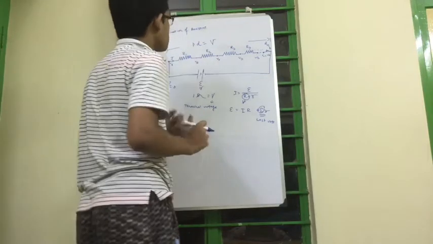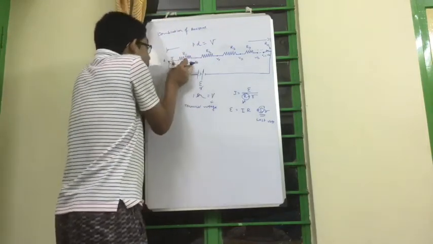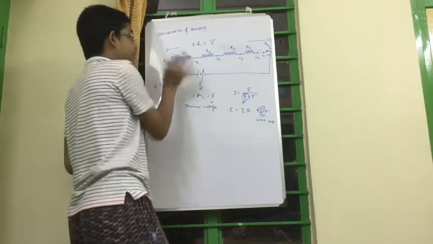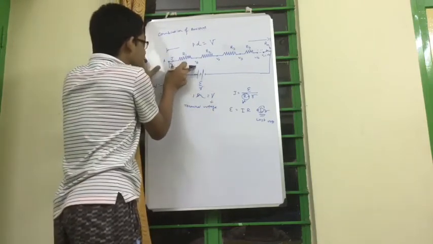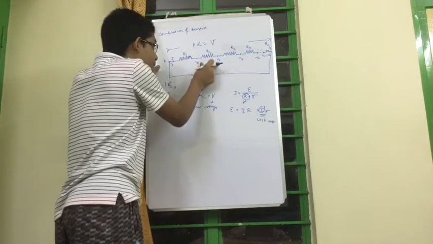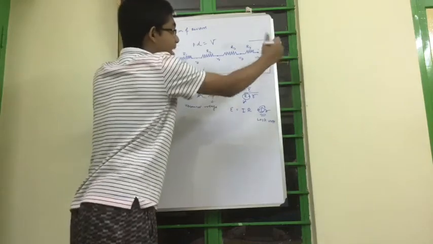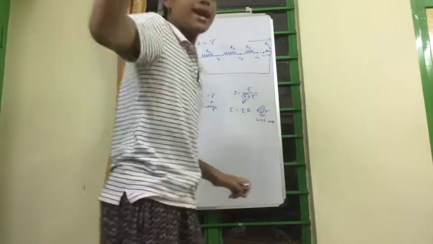The same current I flows through all these resistors, but the potential difference across each resistor is different. Here the potential difference is VA minus VB, here it is VB minus VC, here it is VC minus VD, here it is VD minus VE, and here it is VN minus 1 minus VN.